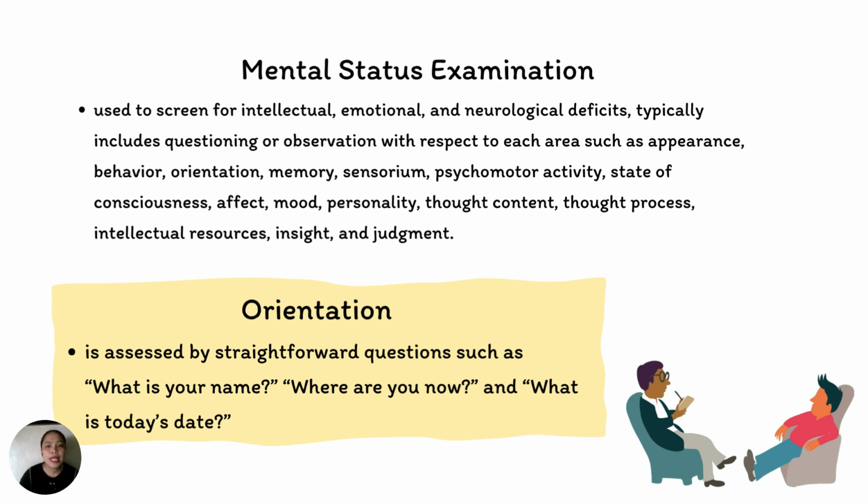Now, a mental status examination begins the moment the interviewee enters the room. The examiner takes note of the examinee's appearance, gait, and so forth. Now, orientation is assessed by straightforward questions such as, "What is your name?" or "Where are you now?" and "What is today's date?"